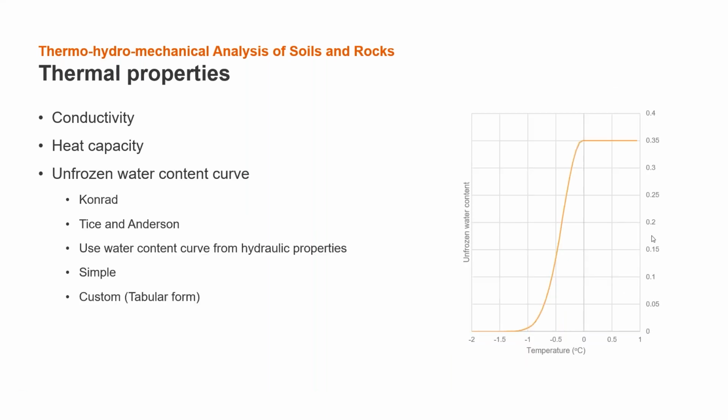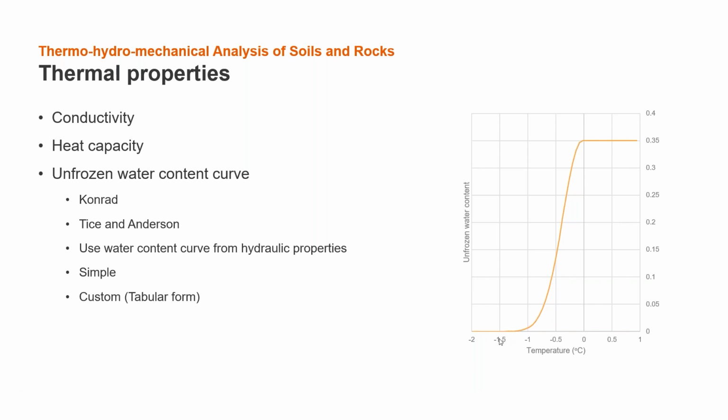One of the most important characteristics when modeling thermal behavior in soil or rock is the unfrozen water content curve. It's extremely important for calculating the effective conductivity and effective heat capacity, and also for capturing the phase change phenomena in geomaterials. Here is a typical unfrozen water content curve for soils.